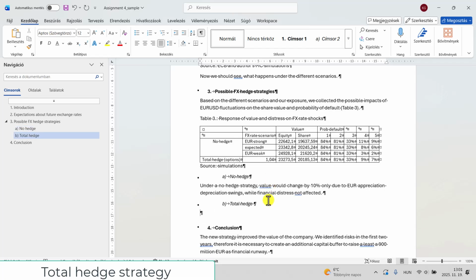Total hedge over revenues in USD, at a fixed 1.04, it would cost us.